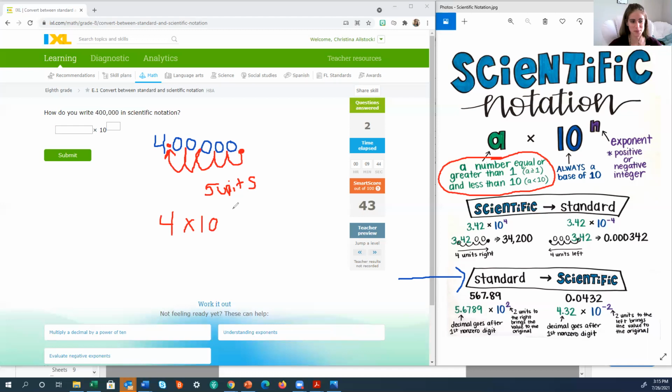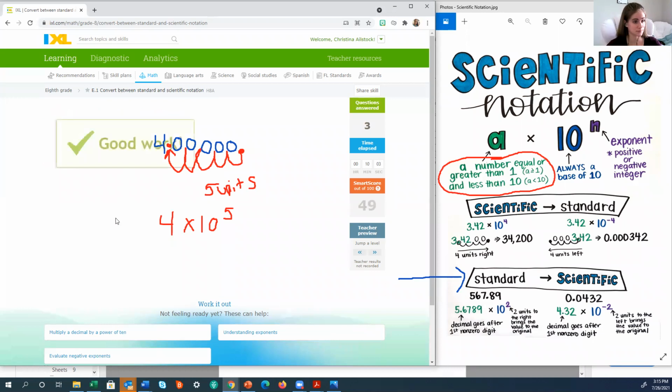Yeah, 5 times. Last little check, should it be positive or negative? Well, it started off as a big number, which means it's a positive exponent. What would it be if it was actually a little number? So like little in value. Yeah, it would have been a negative. Excellent.